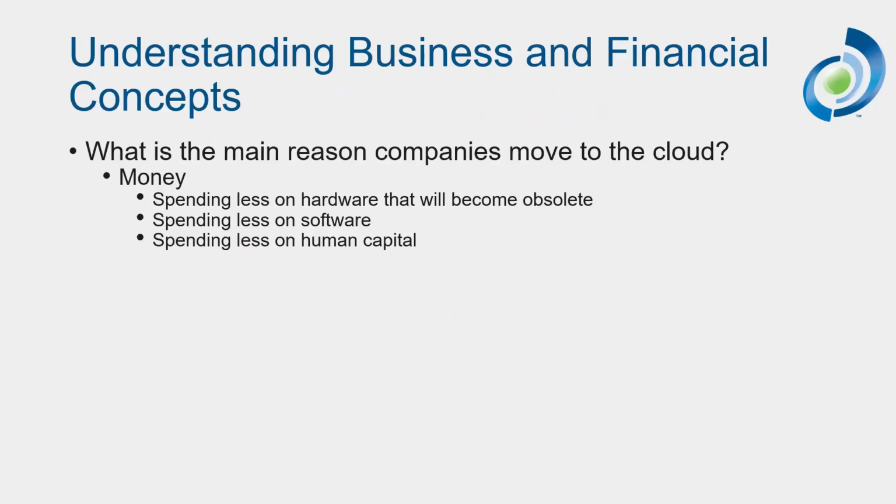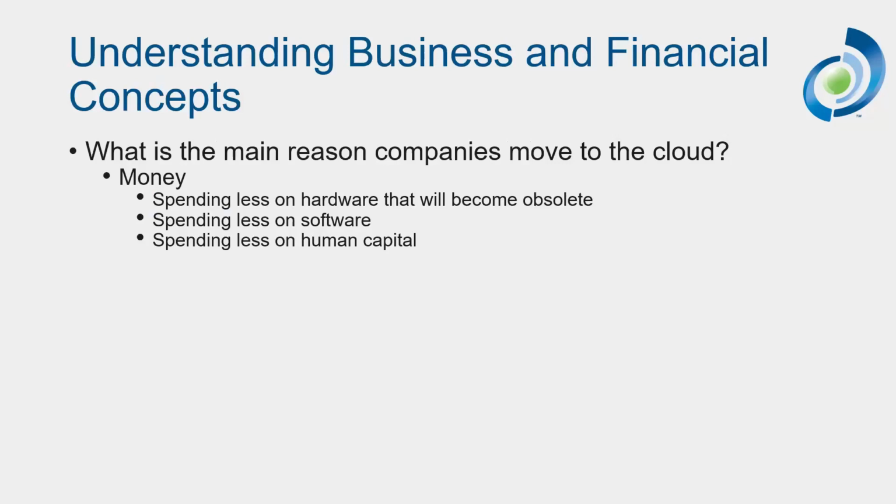Okay, so when we're discussing understanding business and financial concepts, what's the main reasons companies move to the cloud? Well, we know the main reasons that companies do anything is either they're trying to be better, they're trying to be faster, they're trying to be faster to market, or they're trying to save money.